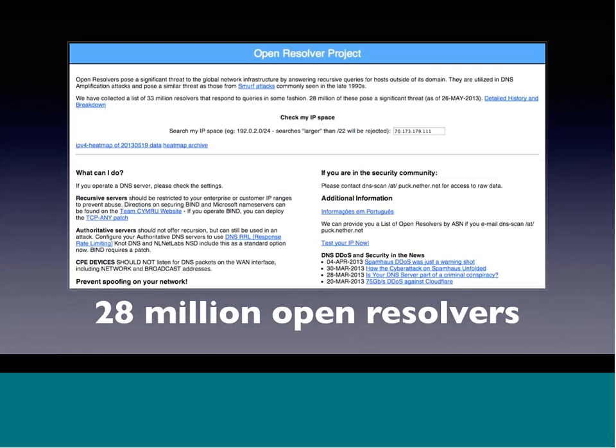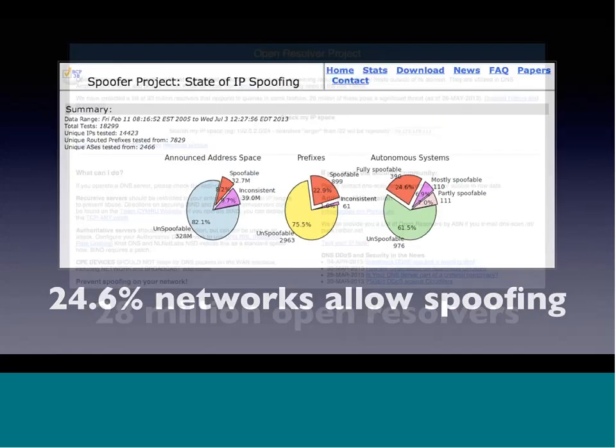There is an open resolver project which sees 28 million open resolvers on the internet. So there are huge swaths of servers that are answering to anybody that asks them a question. And we should obviously see this number from 28 million be dramatically reduced because they're answering essentially to non-customers.